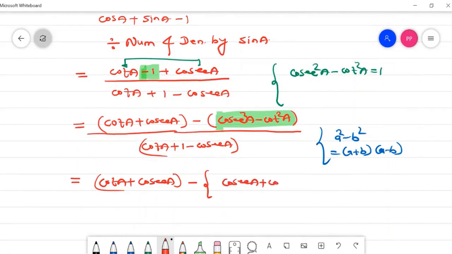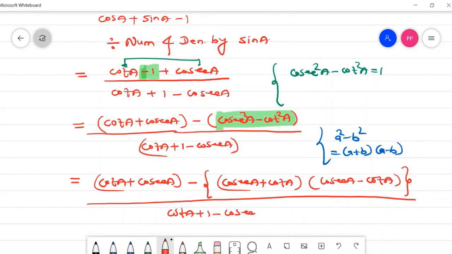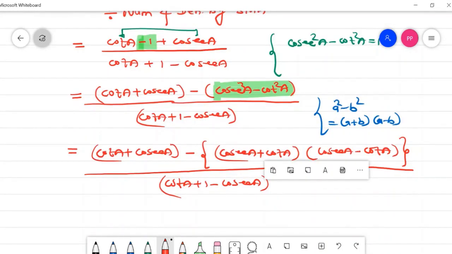So we get the first bracket cosec A plus cot A, and the second bracket cosec A minus cot A. Bracket close. And as I told earlier, we are not supposed to touch the denominator. We'll keep it as it is till the end, cot A plus 1 minus cosec A.